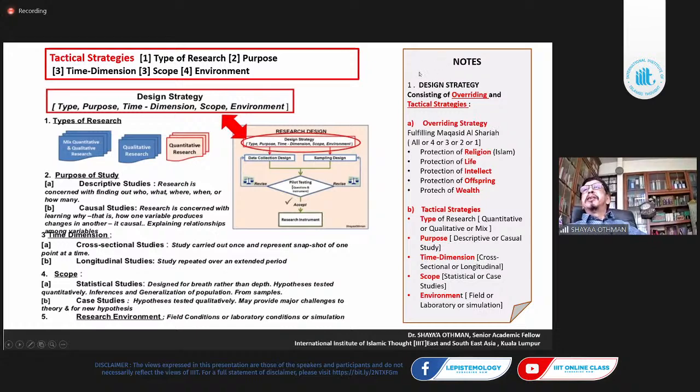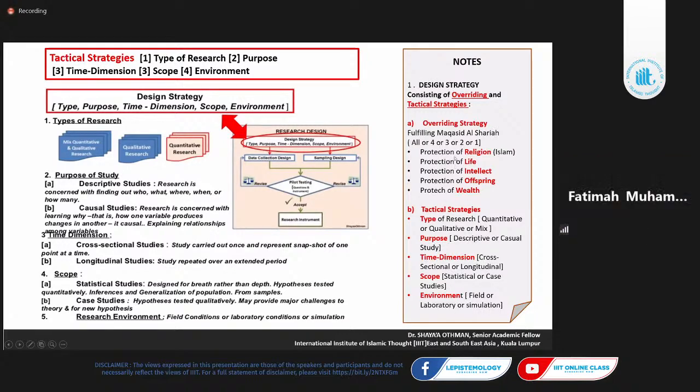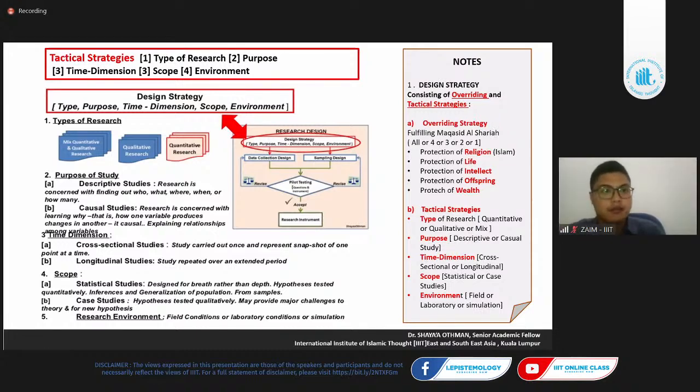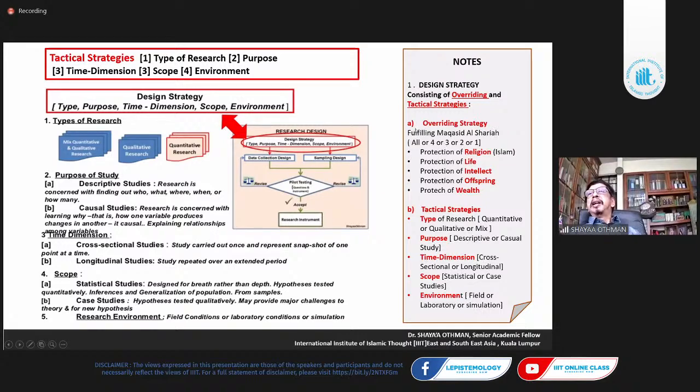Can you see the note on the right, or is it covered by the picture? Yes, we can see. Okay. Look at the design strategy. The most important is the overriding strategy. The overriding strategy in Islam is Maqasid al-Sharia. Yes, Maqasid al-Sharia is the overriding strategy of all of your research.